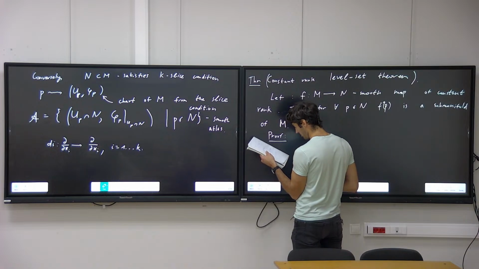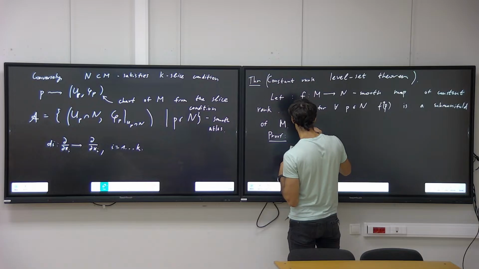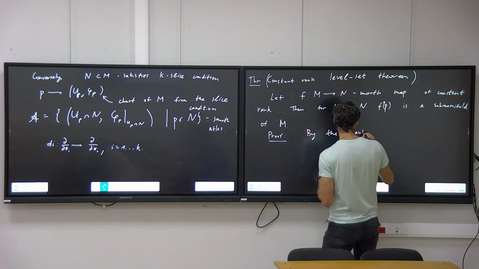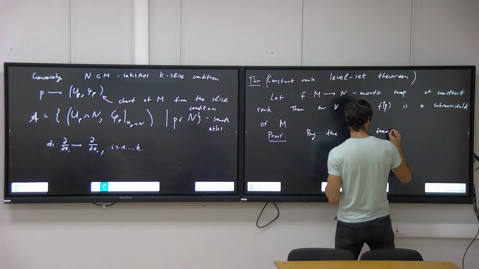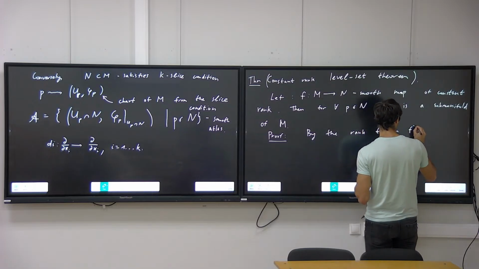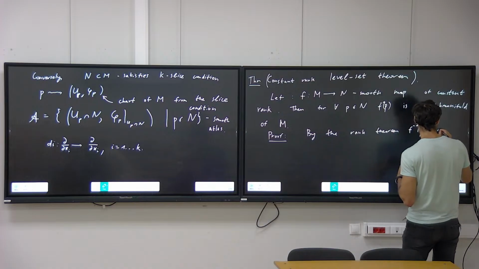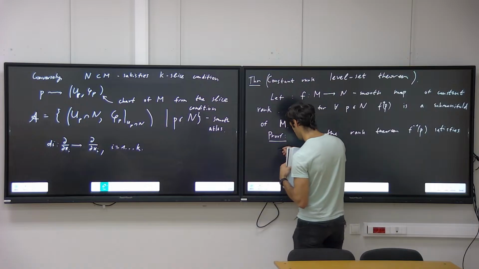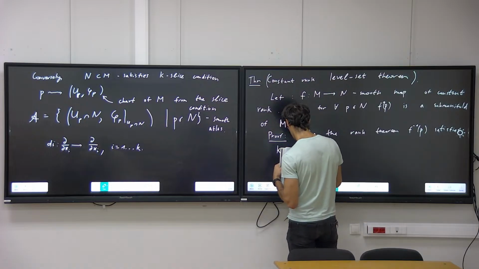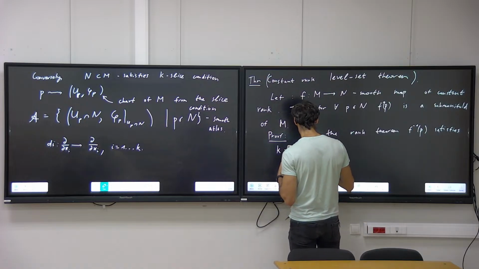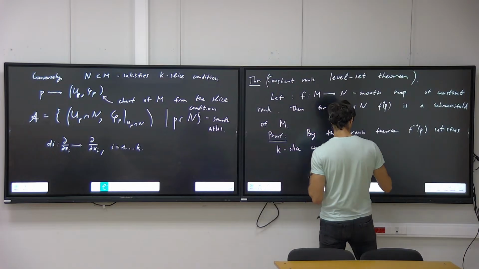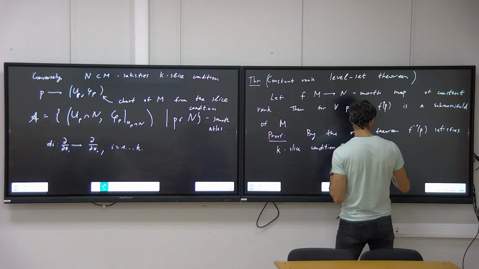So by the rank theorem, F inverse of p satisfies the k-slice condition, where k is the rank of F.